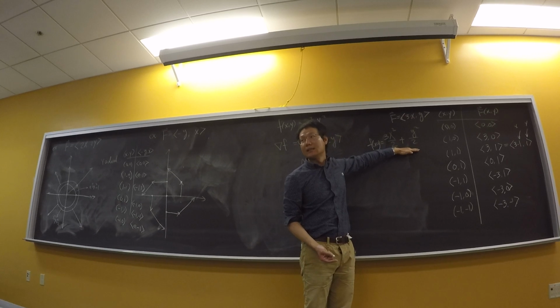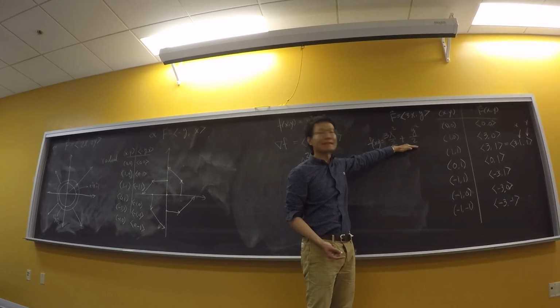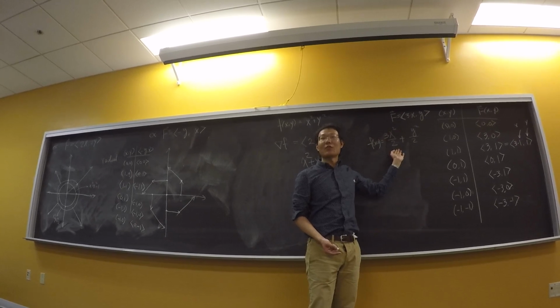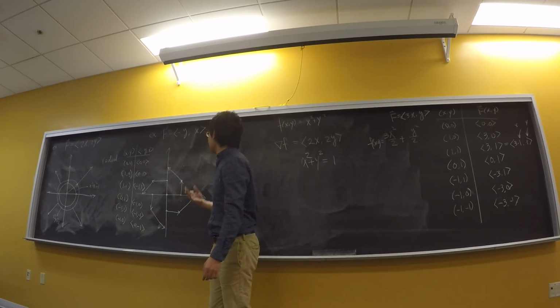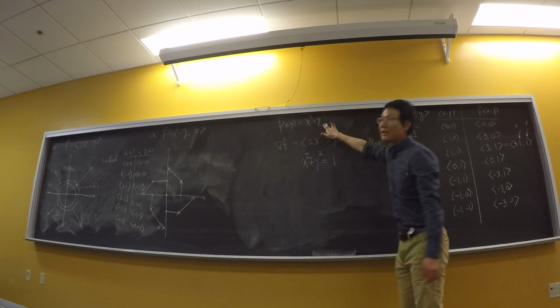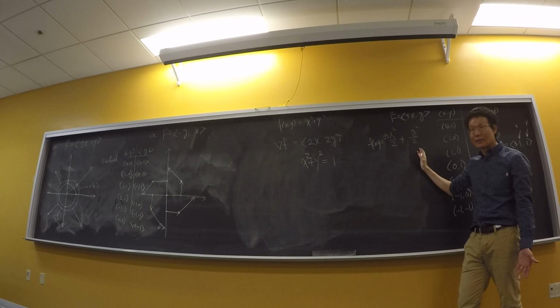And this is a function involving 2 independent variables. If I look at the level curves for this function, what do you think the level curve should be? It's not going to be exactly a circle as x squared plus y squared like here. It has different coefficients, so this is going to be an ellipse, right?